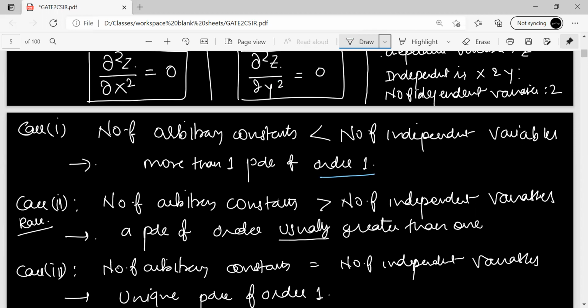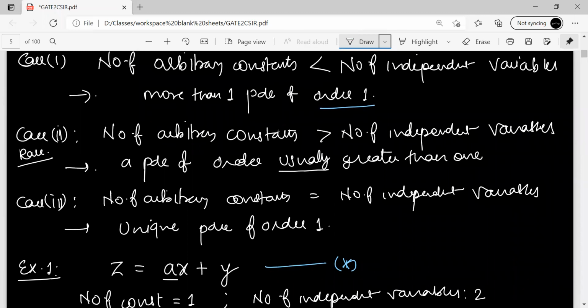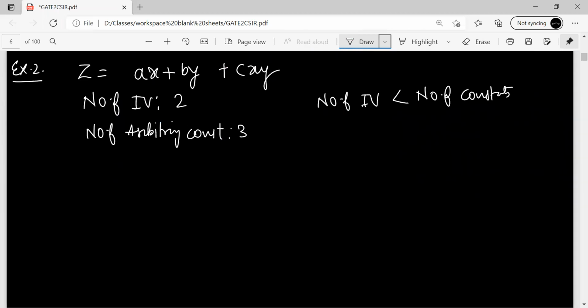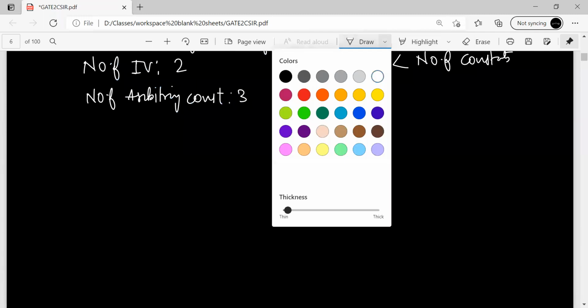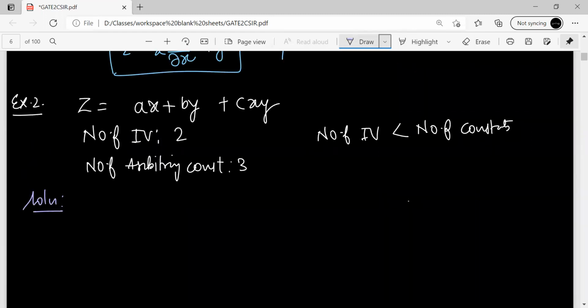Okay, let's verify. So number of constants are greater and number of independent variables are less. So we must expect a PD which is of order usually greater than 1. Let's see how much we succeed in doing it. So I have z equals ax plus by plus cxy.